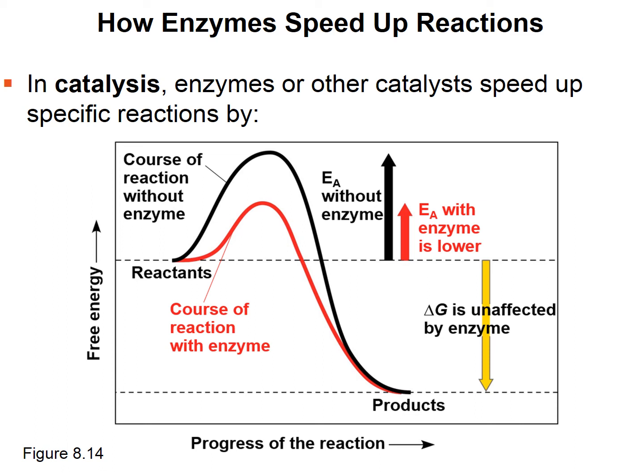The black arrow on the right shows the amount of energy of activation needed without the enzyme. The red line shows how the reaction would proceed with an enzyme being added. And you can see from that little red arrow, the energy of activation that's needed when the enzyme is present is lower. So the enzyme works by lowering the energy of activation. It doesn't need as much energy in that little initial bump to get the whole reaction going.